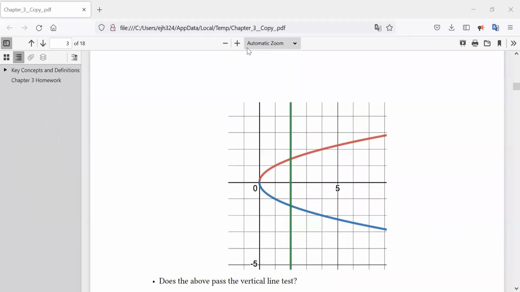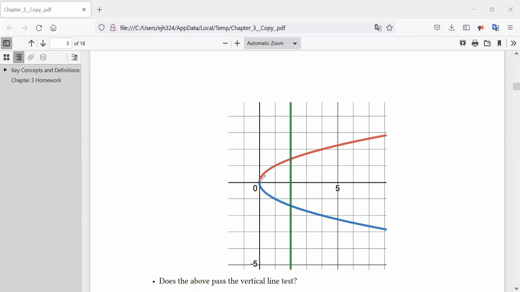If we're incorporating both of these in, this is not a function because I can draw this line and it fails the vertical line test. If it fails the vertical line test anywhere, this is not a function. So it doesn't matter that I can draw a vertical line here that only goes through one point. If I can draw the line anywhere and it fails, then it is not a function.